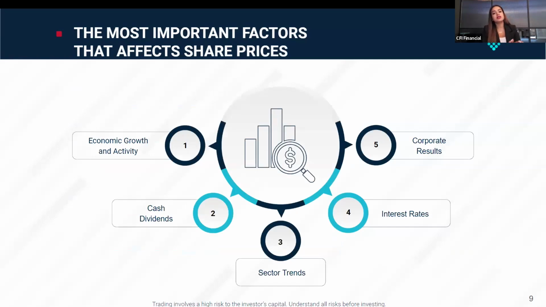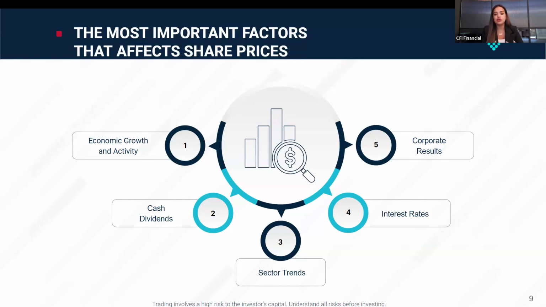Now we're going to discuss the most important factors that affect stock prices. For example, as we just mentioned, corporate results can have a direct impact on the prices. When there's positive news or a strong corporate result, this can positively affect the prices. When there are high interest rates, this can negatively affect the prices. Cash dividends are also so important. Try to look for companies that distribute cash dividends, as this is considered a strong and positive indication.